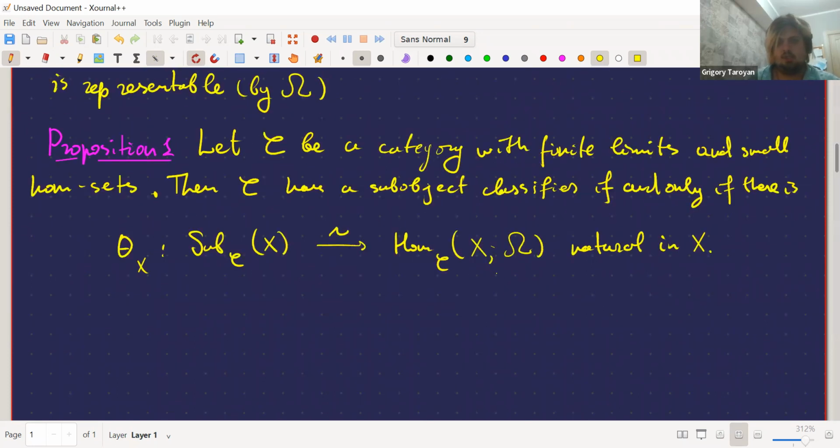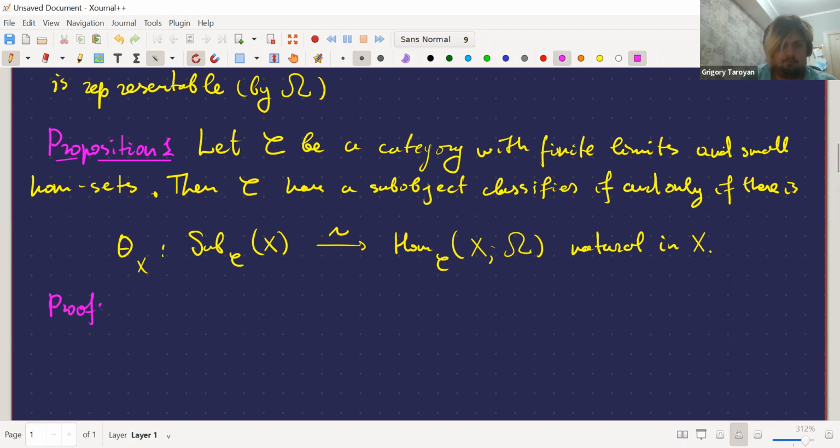Under the latter assumption, it is clear that the category should be well powered, since we assume that hom-sets are small, thus the set of subobjects should also be small. So, yeah.